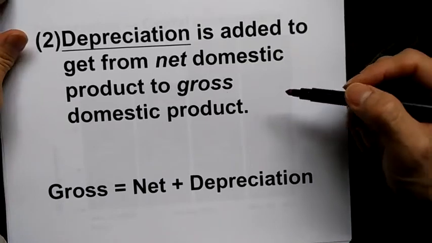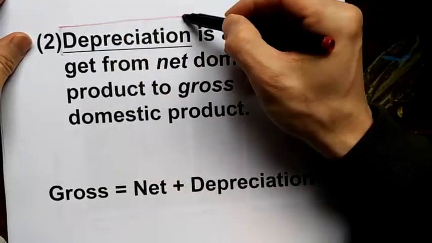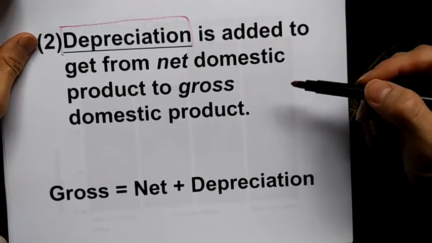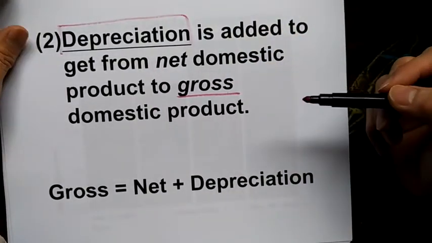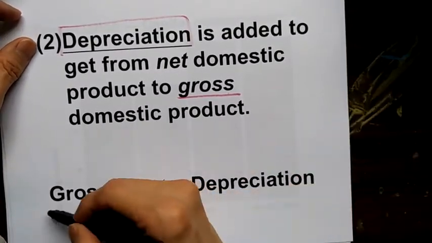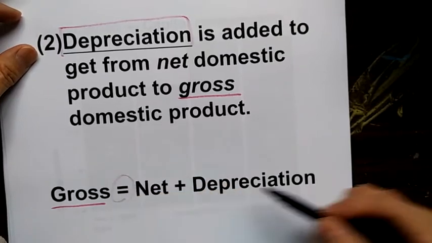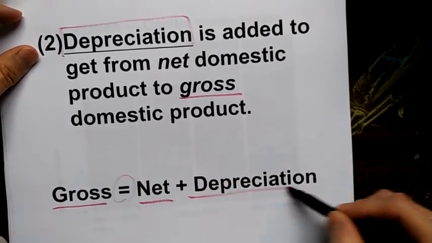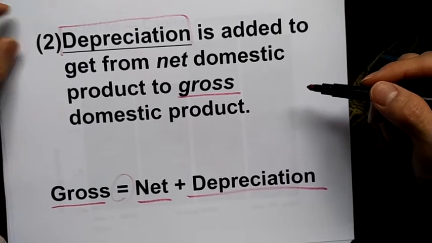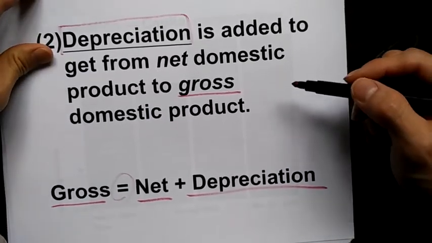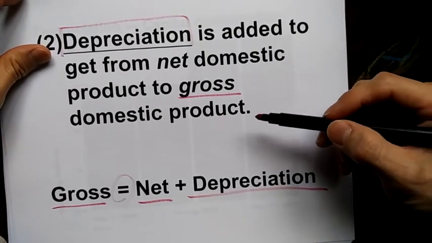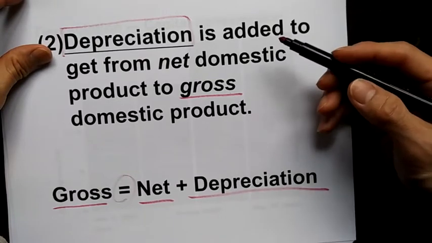The second adjustment is that you have to add the depreciation to get gross domestic product. That is, in macroeconomics, gross is defined as net plus depreciation. Why? Well, you drive a car. Your car gives you some production, some contribution.